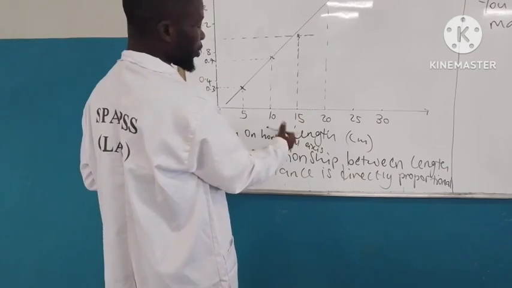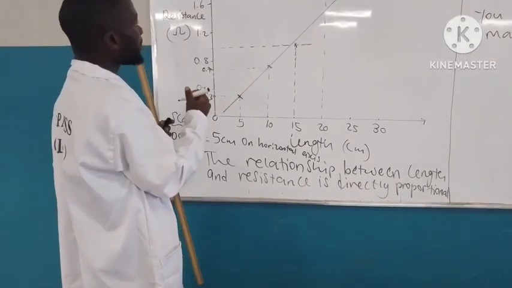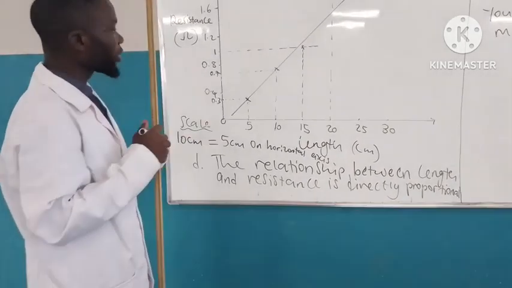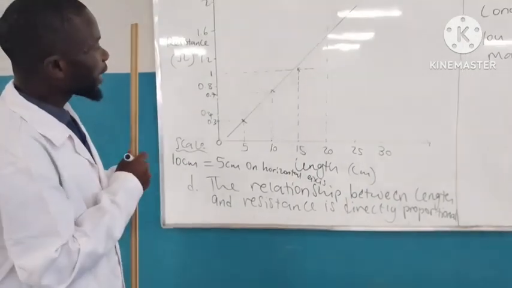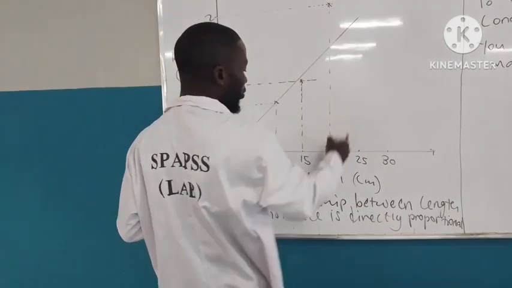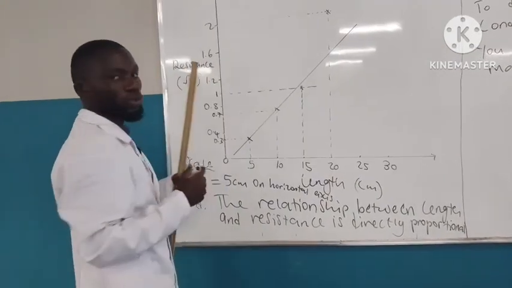And here we have another point. This point means when the length was 15, the resistance was 1. So this is 1, between 0.8 and 1.2. And we have another point here. This point means when the length was 20, resistance was 2.